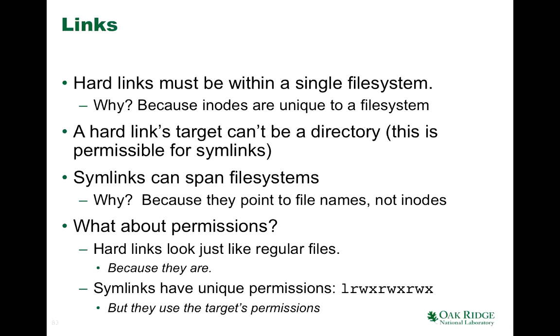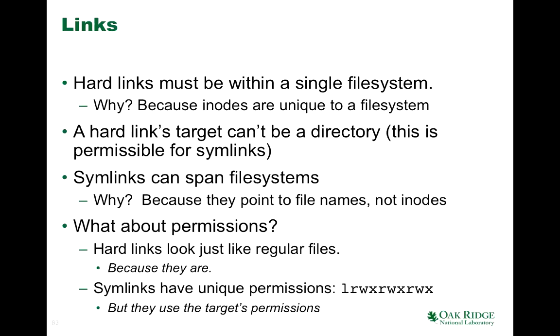Since a hard link is simply another pointer to that inode, it has to be on the file system where that data resides. A hard link also cannot point to a directory. It actually has to point to a file, whereas symbolic links can point to directories. Symbolic links can also span different file systems. Why is that? Because they're simply pointing to the file name, which is unique across the computer, not unique within the file system.